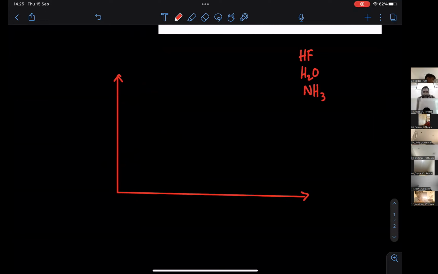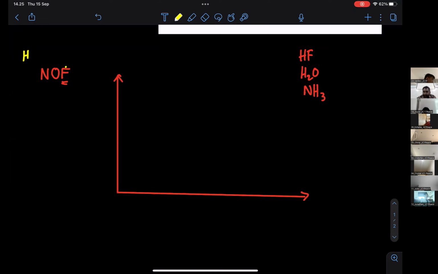According to the Pauling scale, I told you N, O, F, F is the most electronegative element in the periodic table. So we expect that, when hydrogen is bonded to F, HF should have the greatest boiling point.